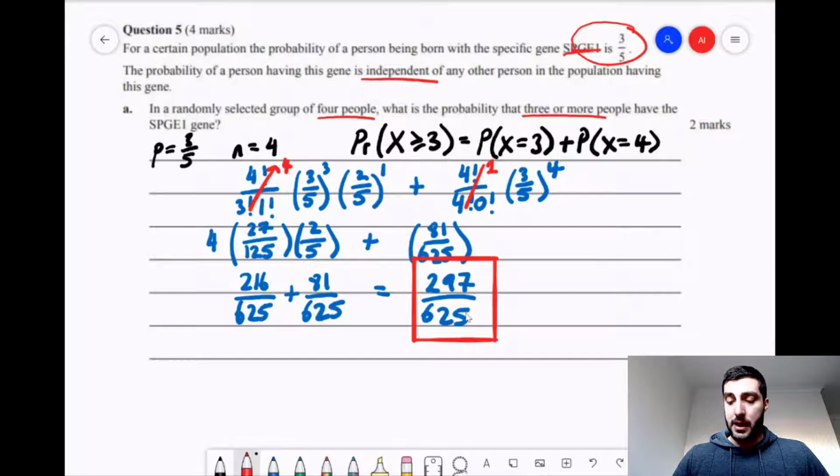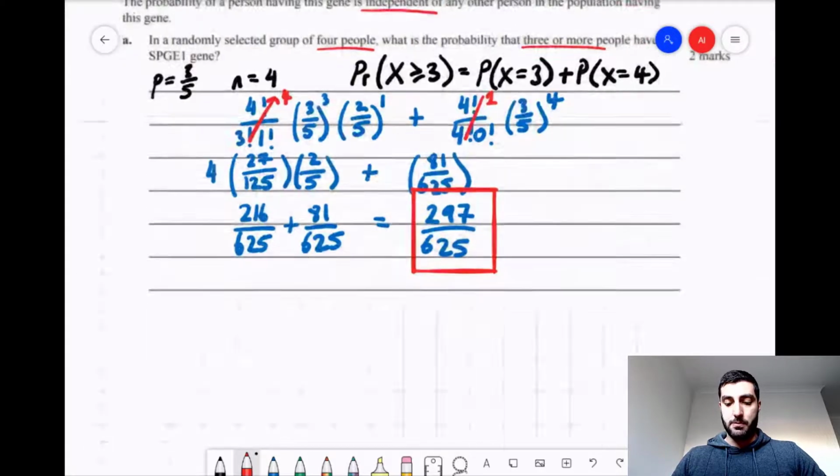But really, nothing that bad. And the other part where people lost marks was incorrectly recognizing that it's also the probability of all 4. A lot of people would just work out the probability that x was equal to 3. So, great. Moving on to question B.